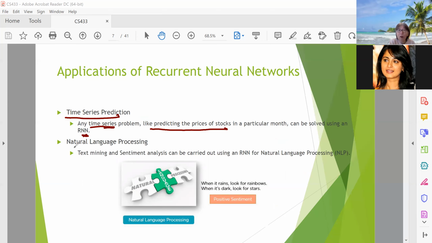Also natural language processing, such as text mining and sentiment analysis, can be carried out using RNN. Sentiment analysis basically is where you have sentences, so a number of words.